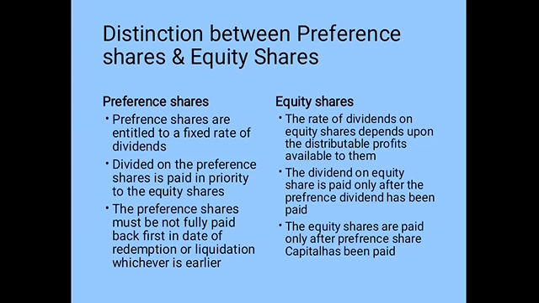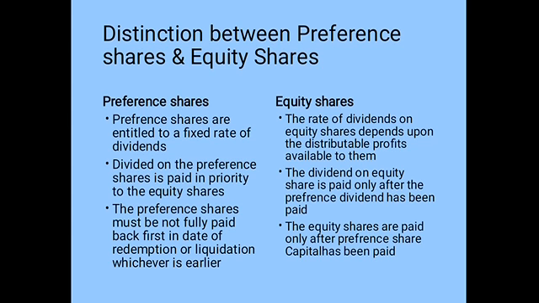The date of redemption is the agreed date or the maturity date when the company has to return the shares to the investors, while liquidation means winding up, that is, closure of the company. Whichever is earlier, at that time the company has to pay back the preference shares to their holders. But in the case of equity shareholders, the equity shares are paid only after the preference share capital has been paid.